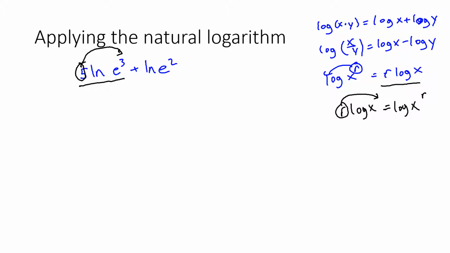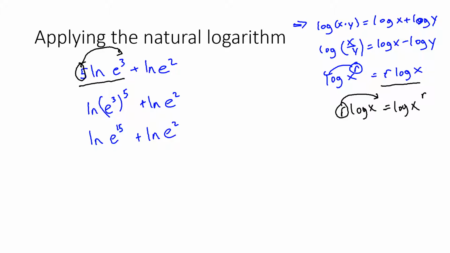So what that means is that now we can write it as ln of e to the third raised to the fifth power plus ln of e to the second. So when we raise a power to a power, we multiply. So it's going to be the natural log of e to the 15th plus the natural log of e squared.